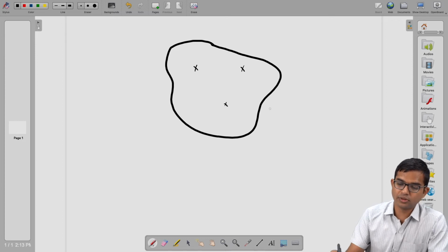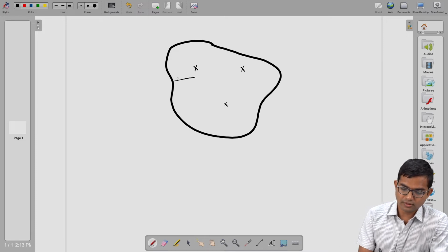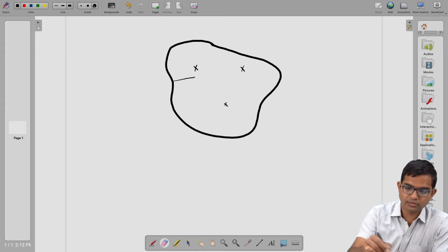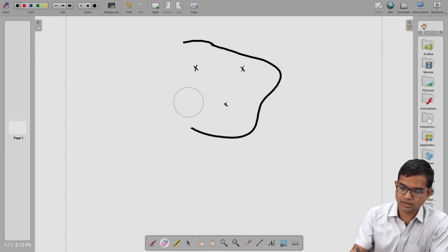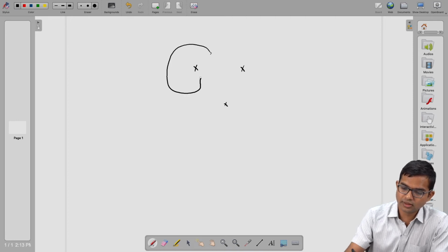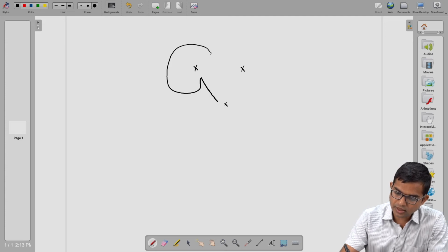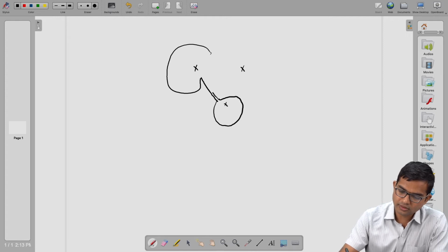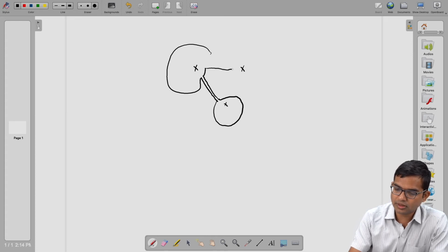Let me redraw this. I will argue that the value of this contour integral is the same as if I were to go around here, come back down this path, go around here, come back around here, and then come up with a contour like this.